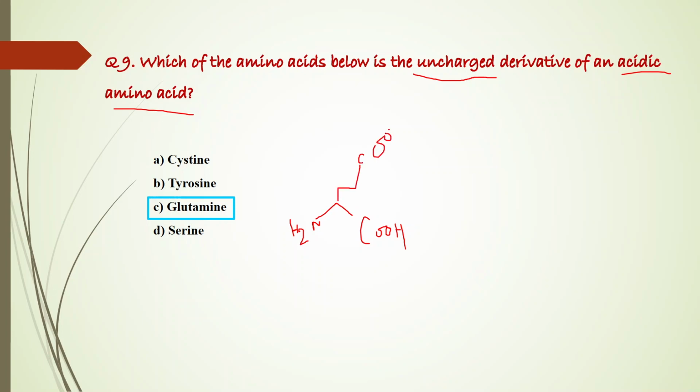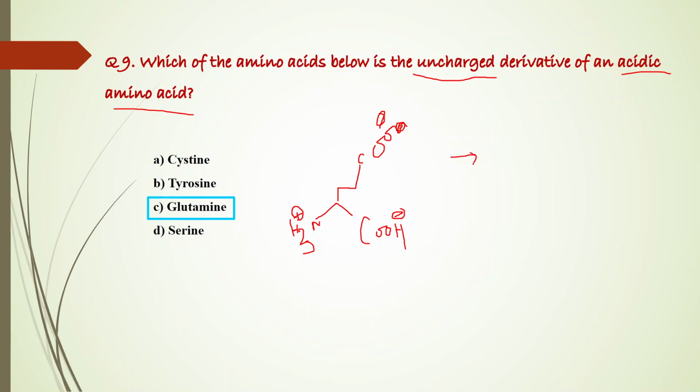This is glutamic acid, that is your acidic amino acid. Under acidic condition, this hydrogen will be removed, this will be COO minus, and this will be NH3 plus. So the plus and minus charges will cancel out, but one negative charge will still remain.